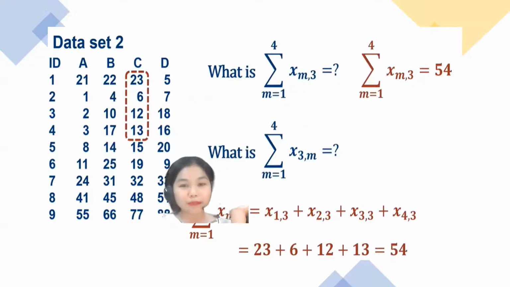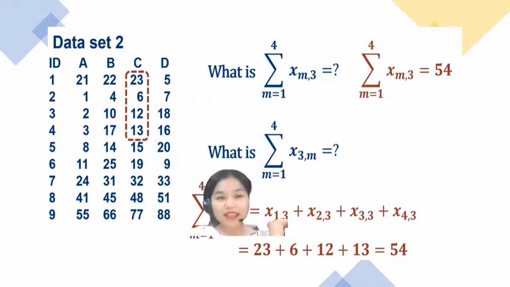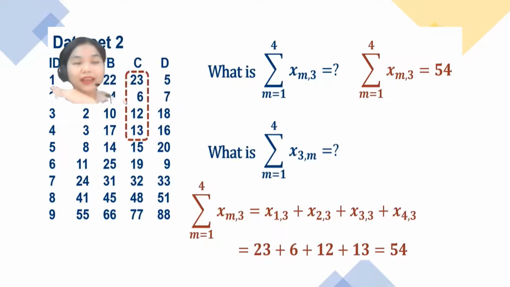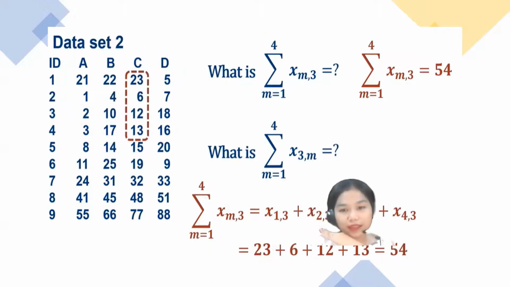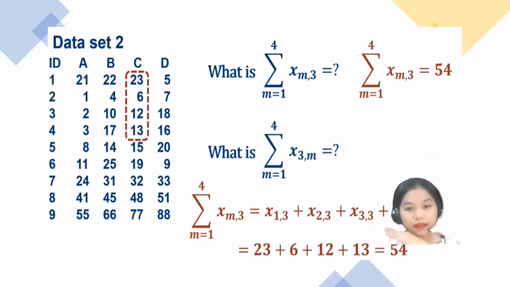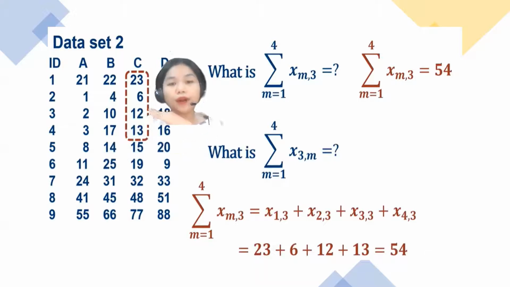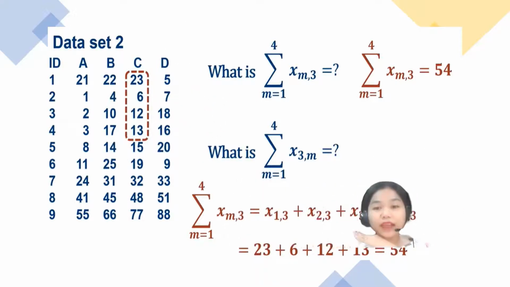Because if we're going to expand the summation notation, it looks like this. x1,3, so it's row 1, column 3. Row 2, column 3. So, here's the position. Row 3, column 3. And then, row 4, column 3. So, we already found the locations.